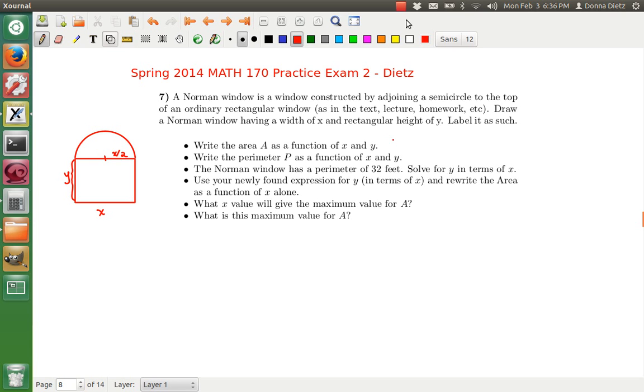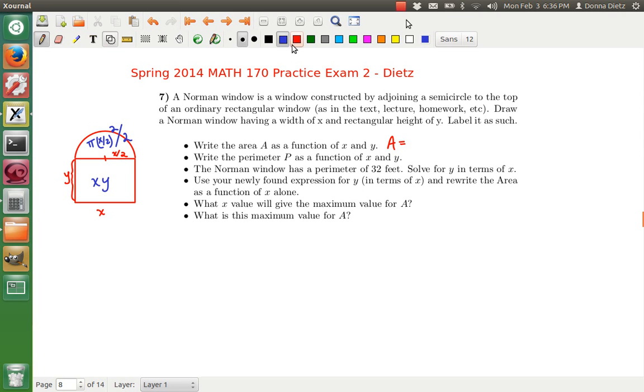Okay, so the area is, this part is x times y, and the top is pi r squared, the area of a circle, but it's half of that, so it's pi r squared all over 2, right?